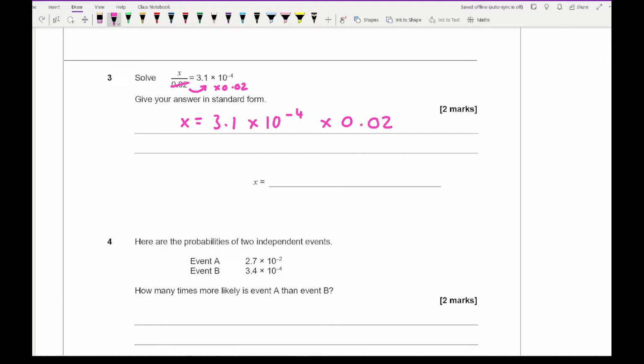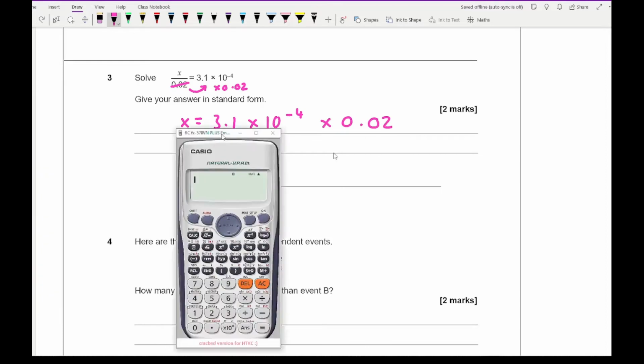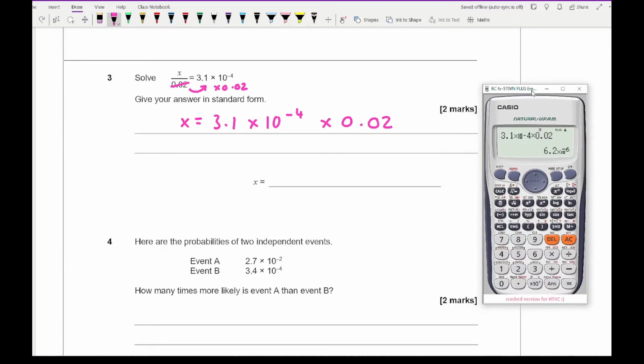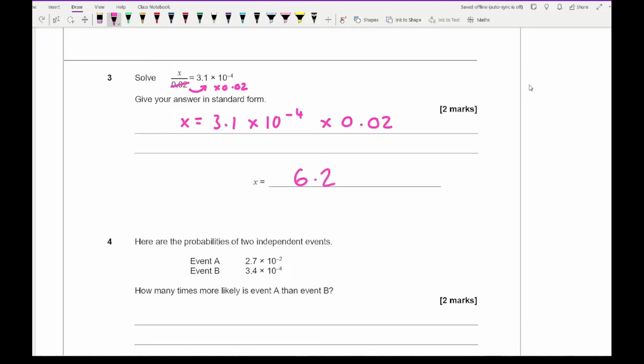Again, I could enter that purely on the calculator without using the standard form button, or let's just use it as it's potentially the only time I'm going to ever use it. So minus 4, multiplied by 0.02, gives me a decimal answer, and it's actually converted it into standard form for me already. So it's 6.2 times 10 to the power of minus 6.